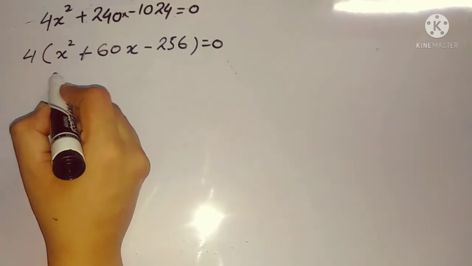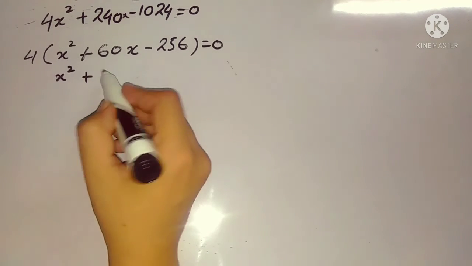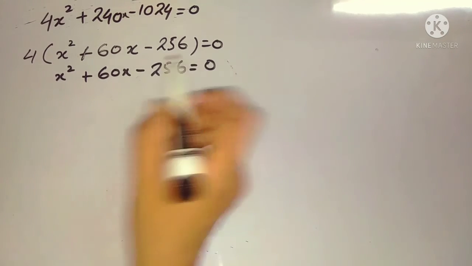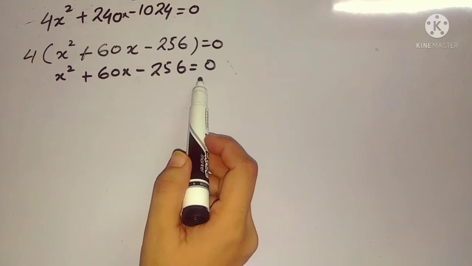So now we have the equation x square plus 60x minus 256 is equal to 0. When you move this 4 to the other side, it will be divided with 0, so it will become 0.